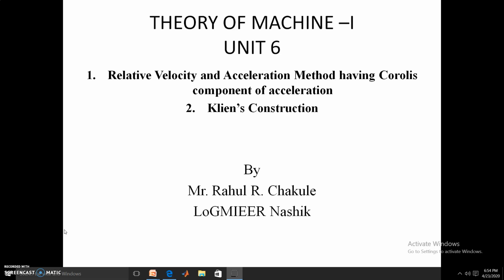Now in the previous method, the relative velocity and acceleration method of unit number 5, we have seen that the acceleration of a moving point relative to the fixed body has two components: one is normal and another is the tangential component.